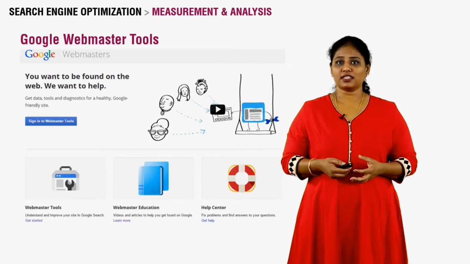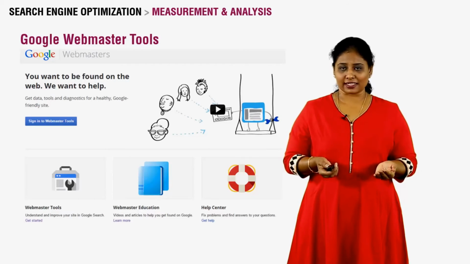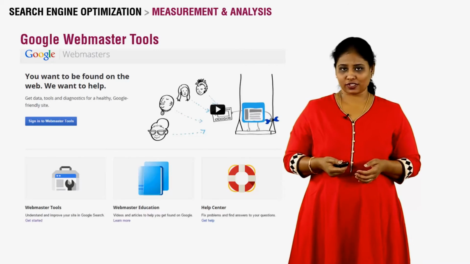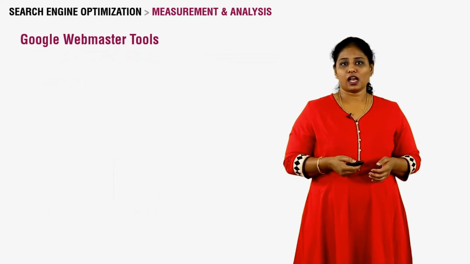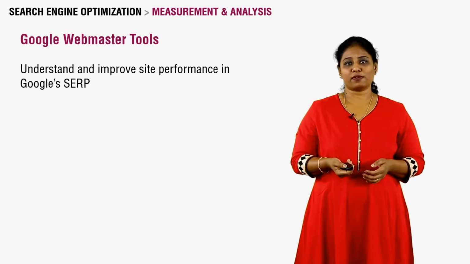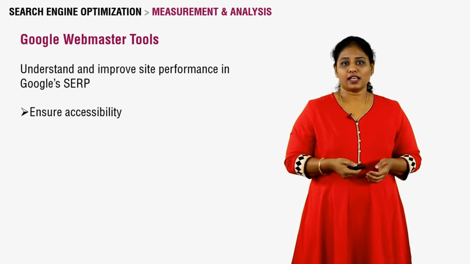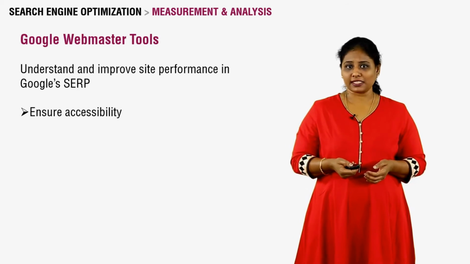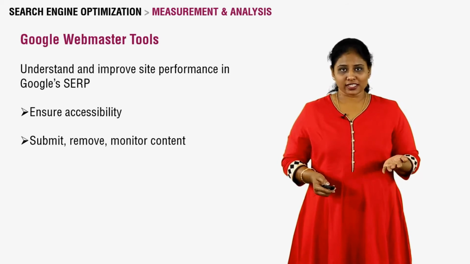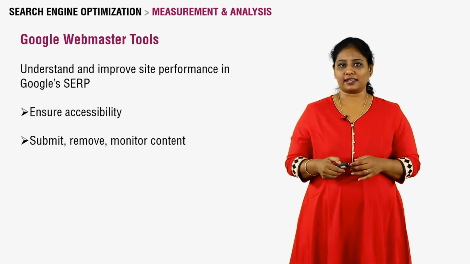Google Webmaster Tools is a free resource. It's available for everyone who creates a site. You need to sign up and link to your site. Google Webmaster Tools help you understand and improve your site's performance in the Google search engine results page. They will help you ensure accessibility, submit content, remove content, and decide what needs to be seen and not seen.